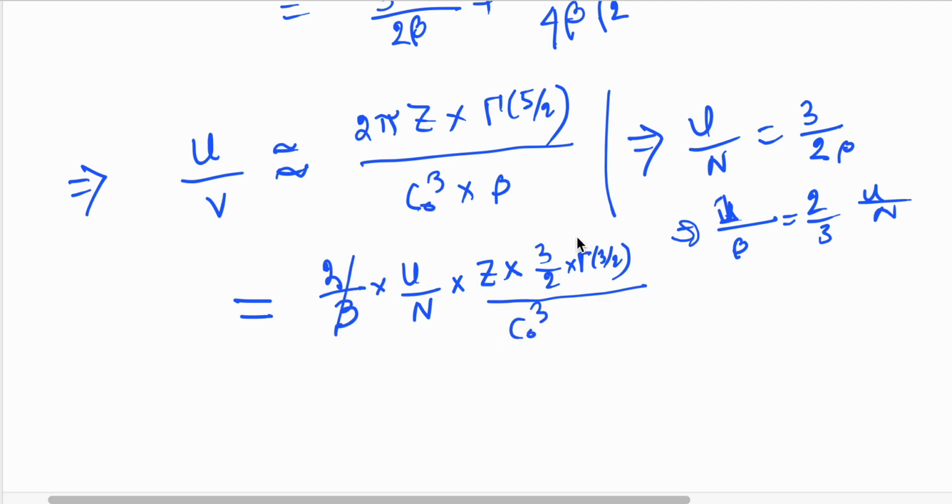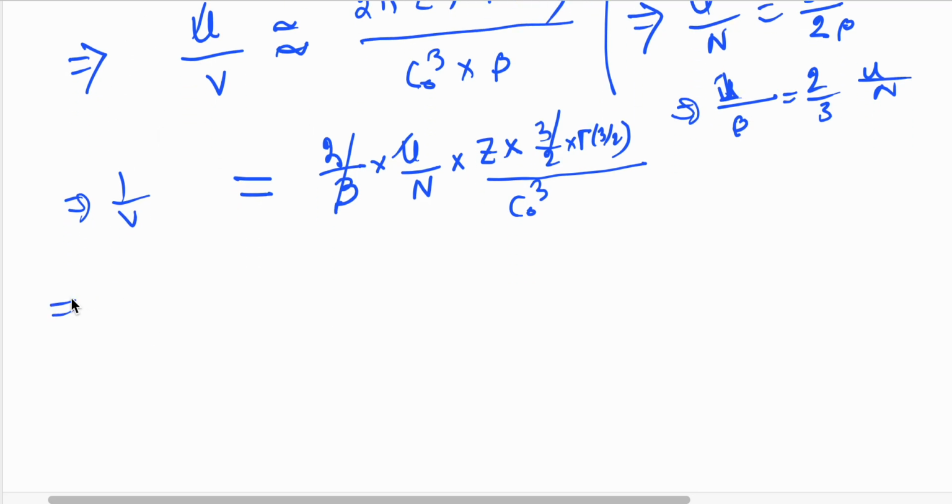So this is actually 1 by v, sorry, n by v is equal to z. What I left is gamma 3 by 2, which is half into gamma half, which is root pi, and c0 cube.